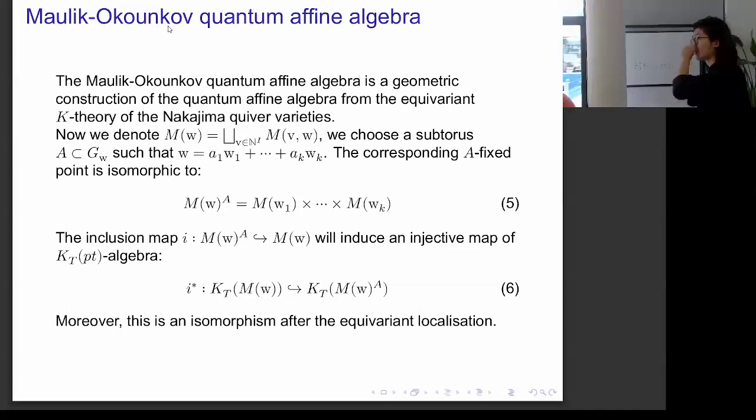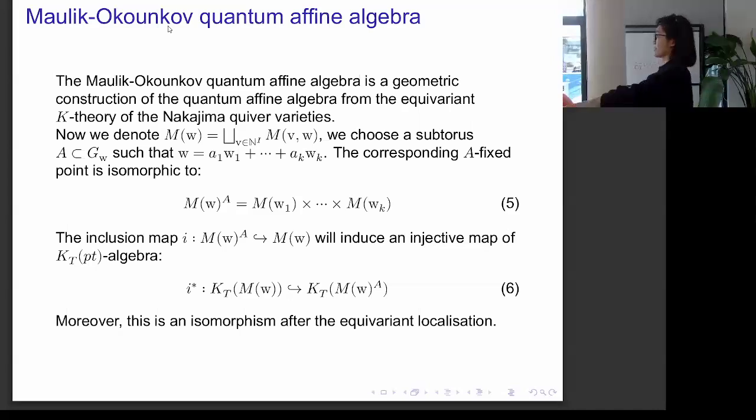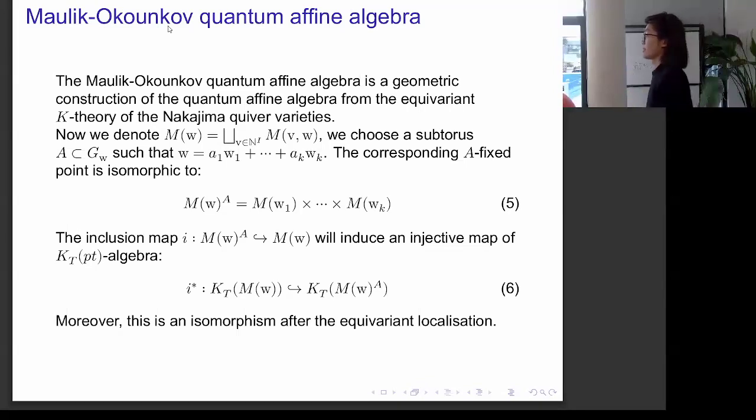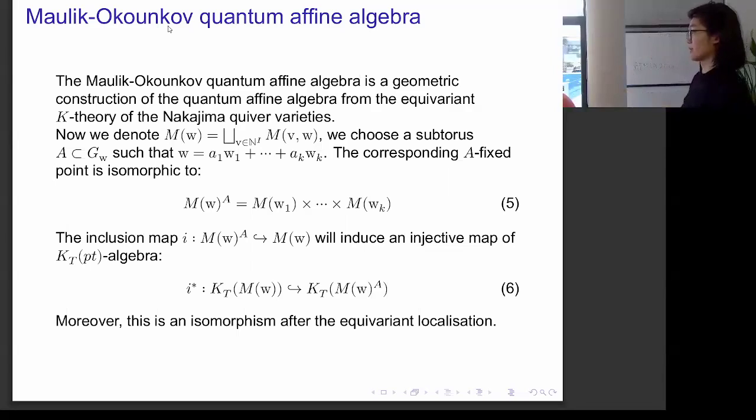Before the MO quantum affine algebra, we're going to start with some basic notions about the fixed points of the quiver varieties. We use simpler notation: M(W) is the disjoint union of the quiver varieties summing over all of the gauge vectors, and we choose a subtorus A inside of G_W such that this subtorus gives a decomposition of the dimension vector W as a_1 W_1 plus up to a_k W_k.